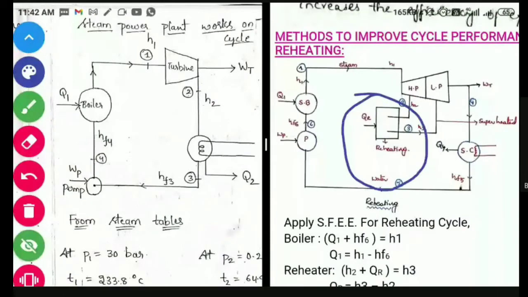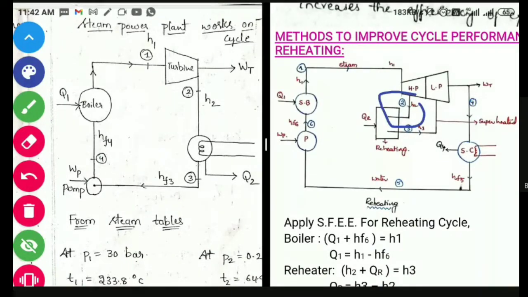But after expansion, you want to use that steam again. The pressure is not sufficient to run the low pressure turbine, so here we have to reheat that steam.